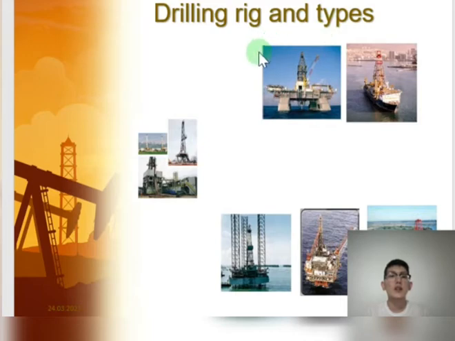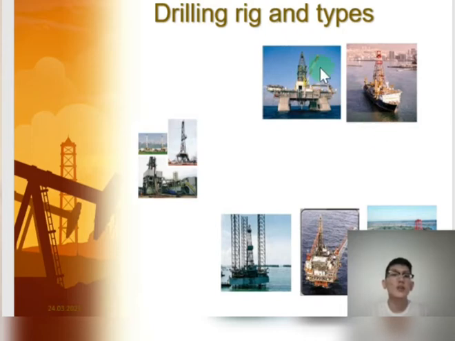You see here, drilling rigs are classified as land rigs, which is in the center of the slide, and offshore rigs, here on the top and on the bottom. Offshore rigs are also divided into two types.